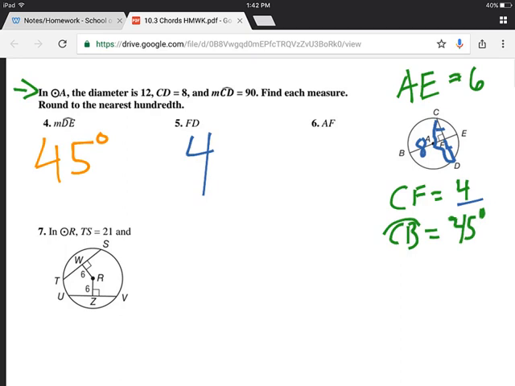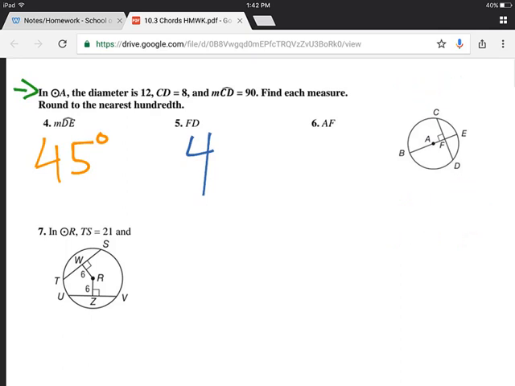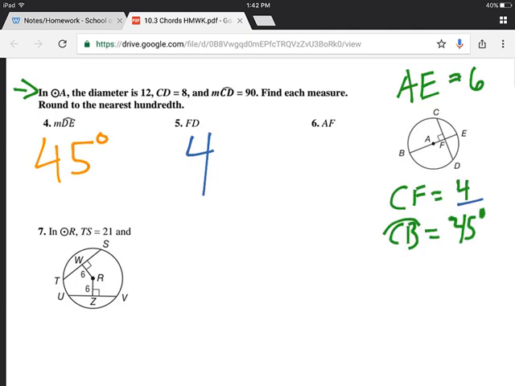And the last one. The last one is the hardest because it's not the most obvious one. The last one is going to be a right triangle. To do AF, I have to create a right triangle.